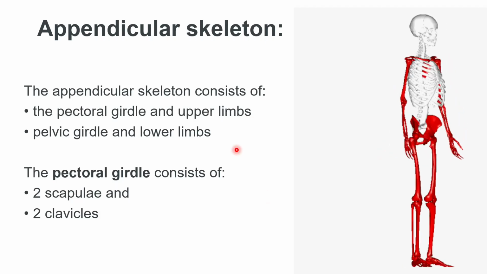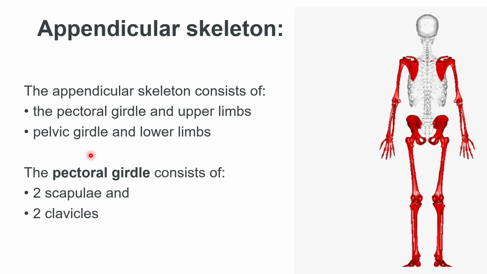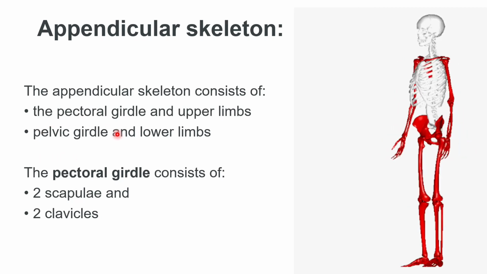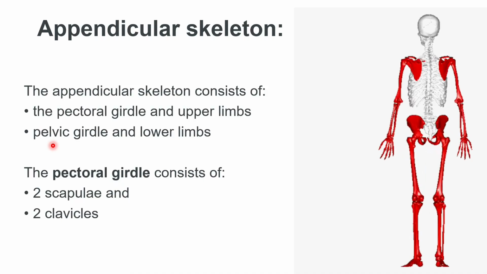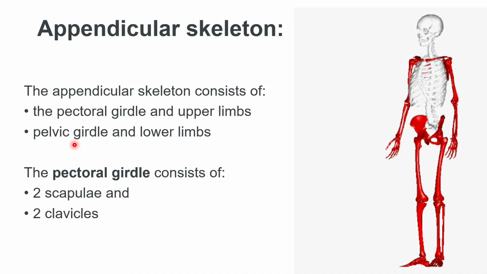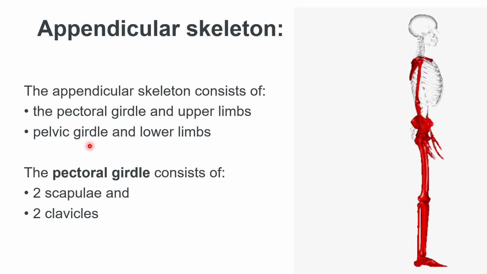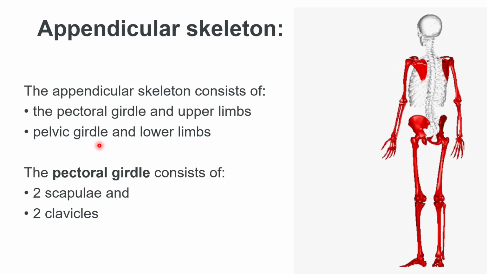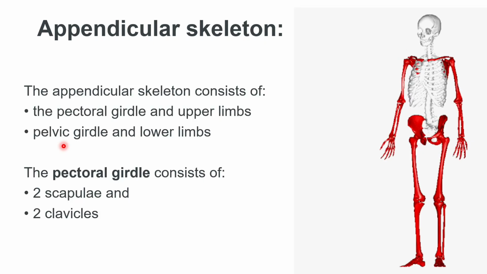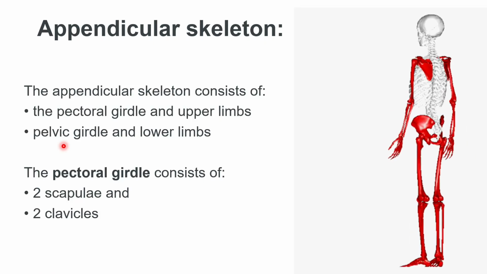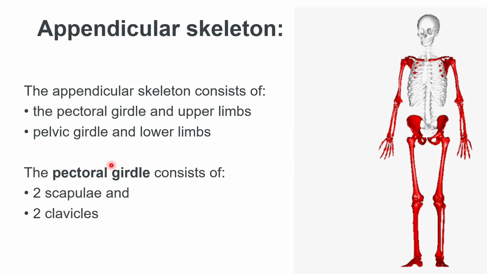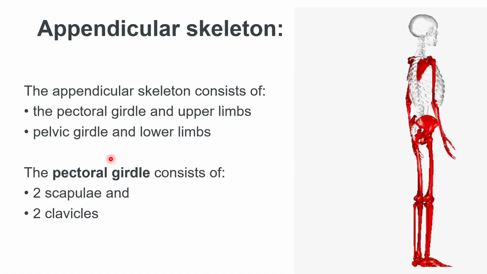Now, out of these two, the pelvic girdle is once again very important to focus on, because it plays a role again in the way that we walk. If you are bipedal, the structure of the pelvic girdle will look different from a quadrupedal organism. But let's quickly focus on the pectoral girdle.